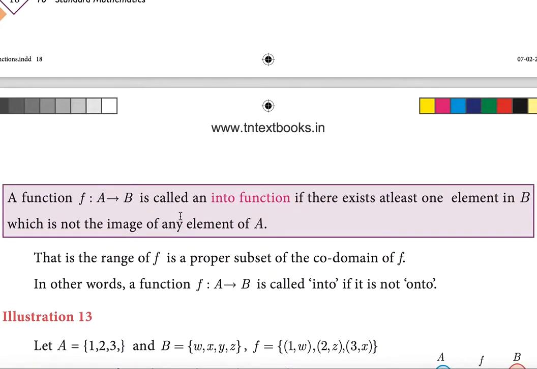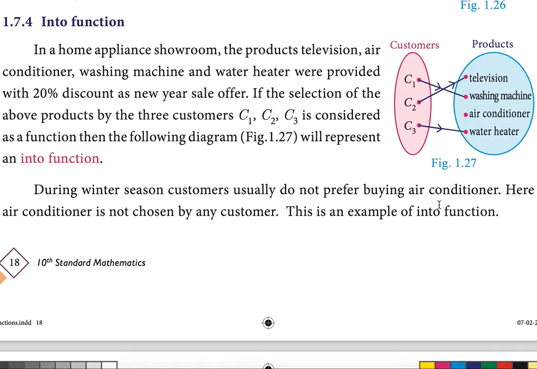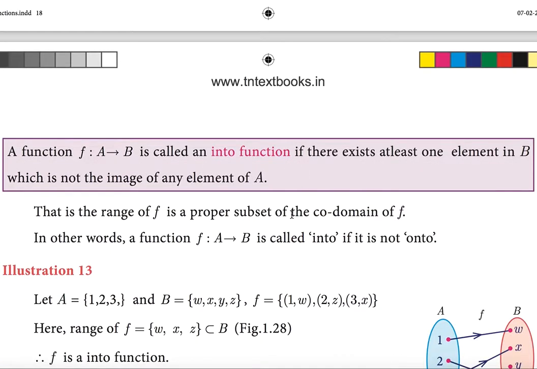So, what does that mean? Into function: if there exists at least one element in B which is not the image of an element of A, then it is an into function. So that is, the range of f is a proper subset of the codomain of f. Okay.